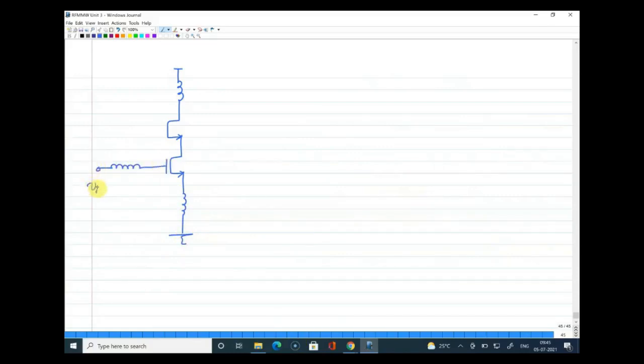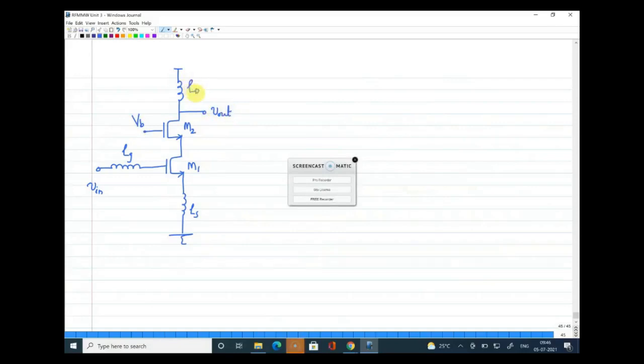So this is my input point, this is LG, this is LS, this is input transistor M1, this is cascode transistor M2 that needs to be suitably biased, and this is the output point Vout, and this is our LD. Again, one more thing here is, this node will definitely have a capacitance. That capacitance will be the internal capacitance of the transistors, and even the input capacitance of the next stage.